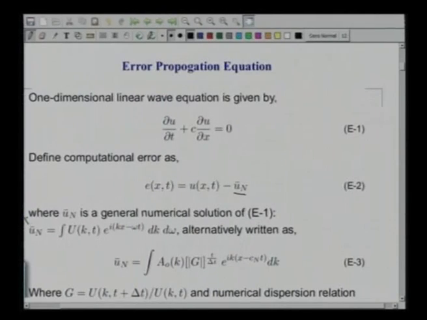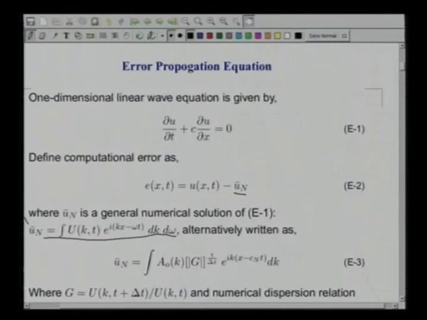Or alternatively, we could write it in terms of those three parameters that we just now talked about, namely the amplitude of the amplification factor. And what do we mean by the amplification factor? That will be apparent when we look at the last equation. Amplification factor basically tells you, from the Fourier Laplace representation that we have shown here, if we look at the Fourier Laplace amplitude at the advanced time step, that is u of k at t plus delta t divided by u of k at t, that would be our numerical amplification factor.